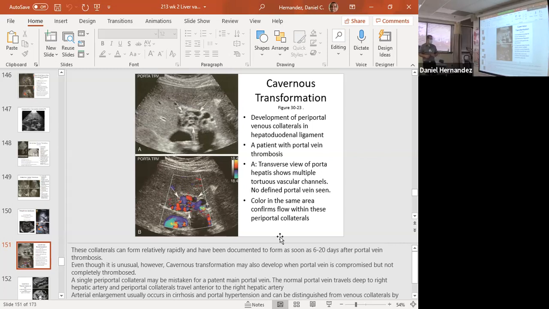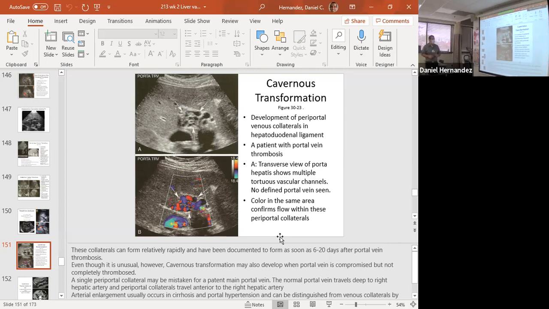The normal portal vein travels deep to the right of the hepatic artery, and the periportal collaterals travel anterior to the right hepatic artery. So again, in our normal picture, when we're imaging, we typically have our main portal vein and then the hepatic artery lies anterior to that. So it's usually above. These periportal collaterals are typically above the hepatic artery.